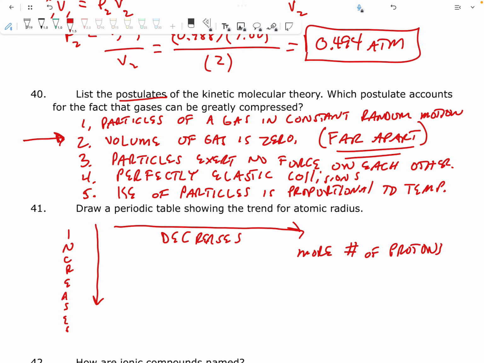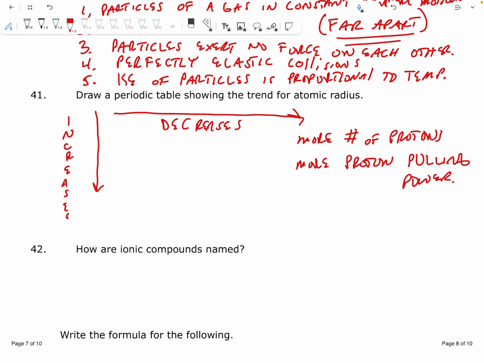Essentially, it's pulling those electrons toward the nucleus and shrinking the radius of that atom. So it increases as you go down the periodic table and decreases going across. That means there's more proton pulling power, and you can get those electrons pulled closer to you.